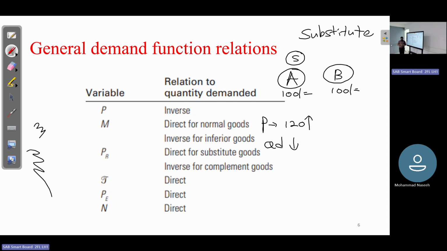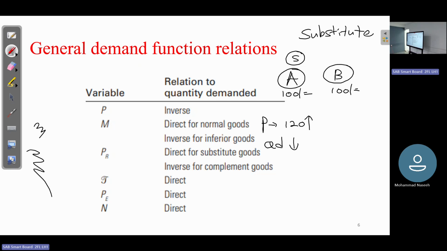Therefore, carefully remember that when you are deciding whether two products are substitutes or not, you have to look at the usage intention. So accordingly, what are substitutes?